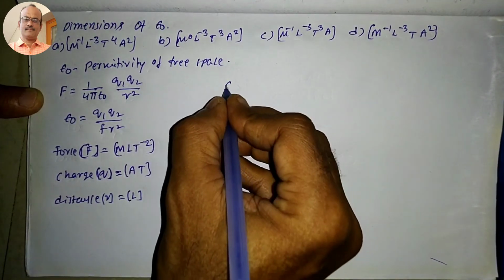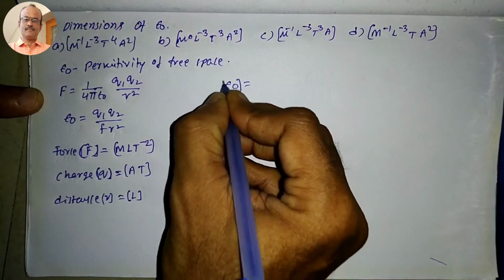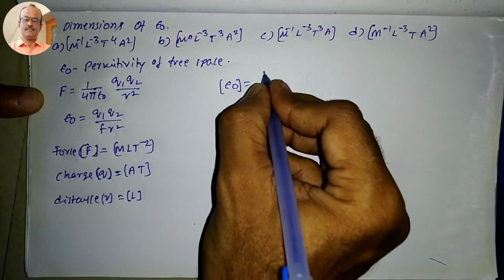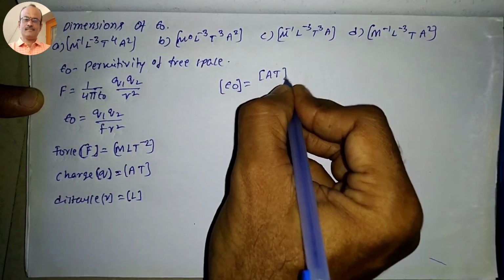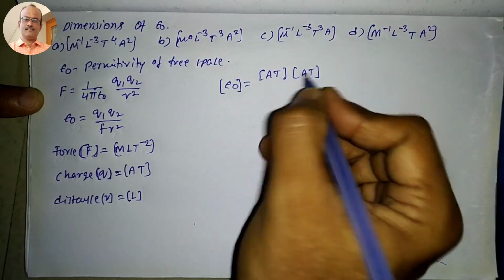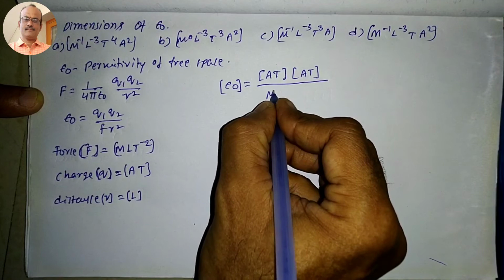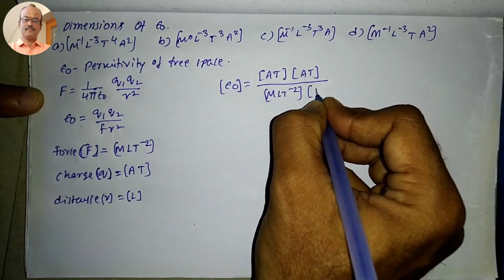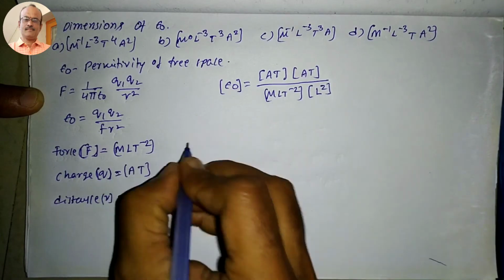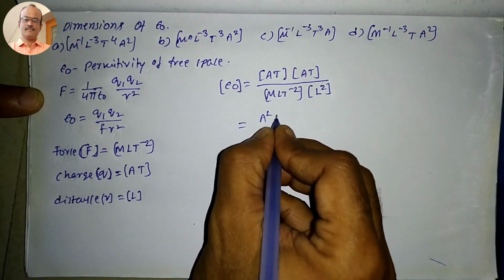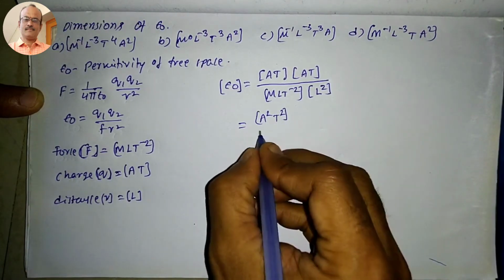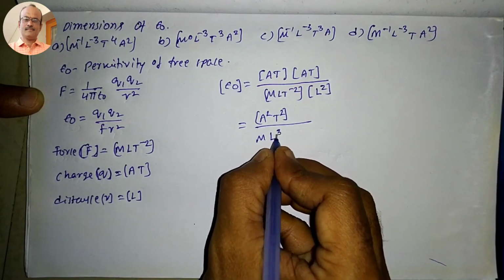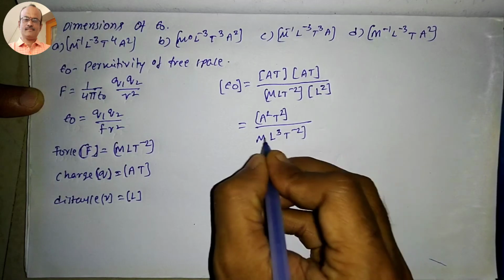Now here epsilon naught dimension formula is equal to charges q1 q2, means AT into AT, divided by force M L T to the power of minus 2 into r square, which is nothing but L square. So here A square T square divided by M L to the power of 3 T to the power of minus 2.